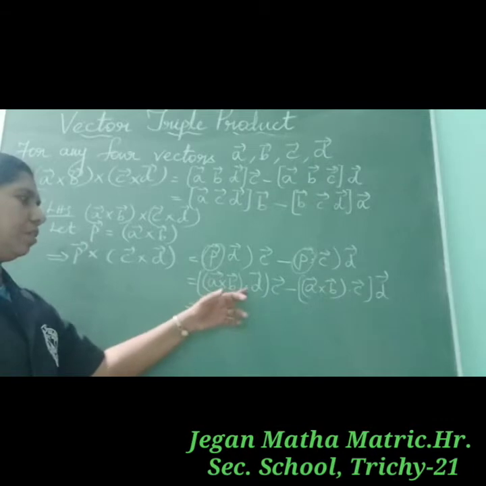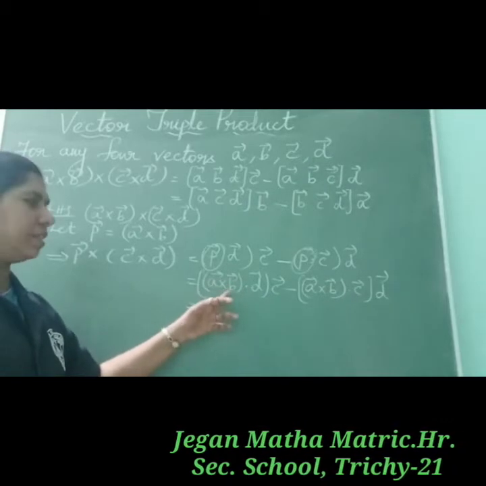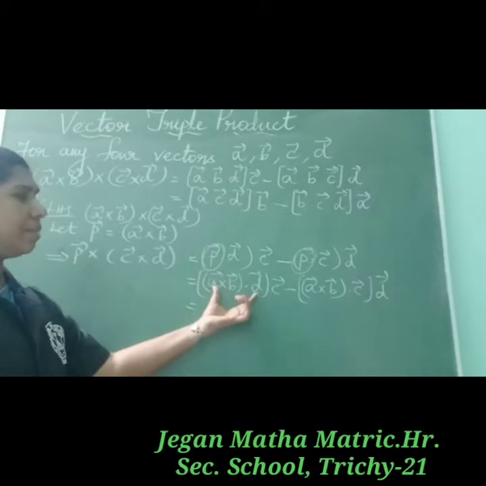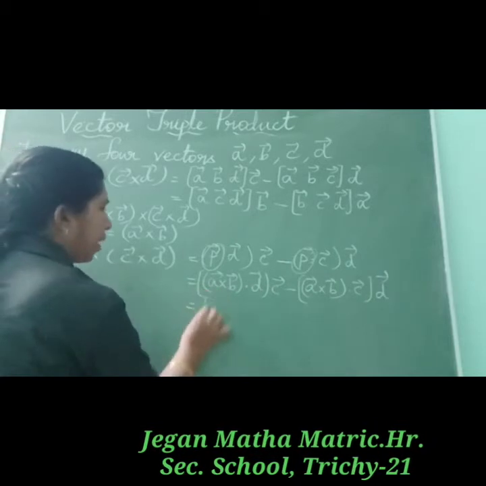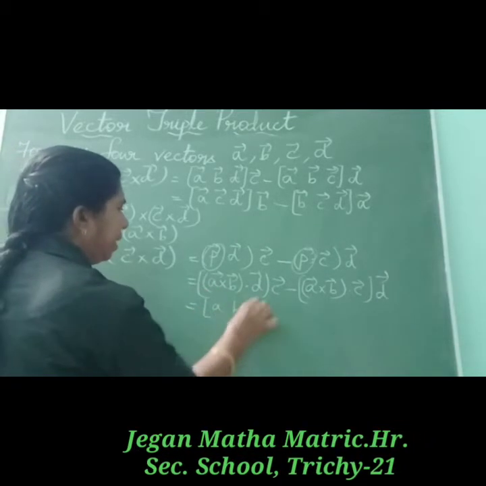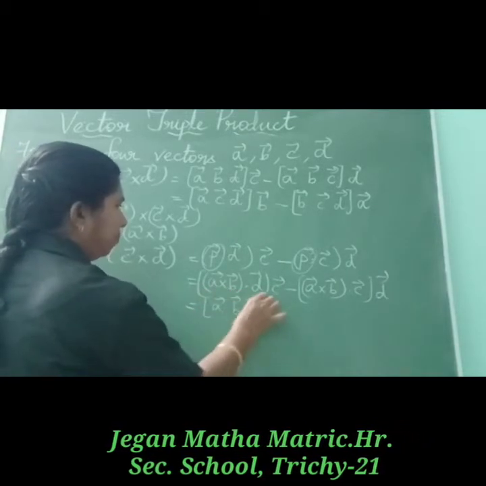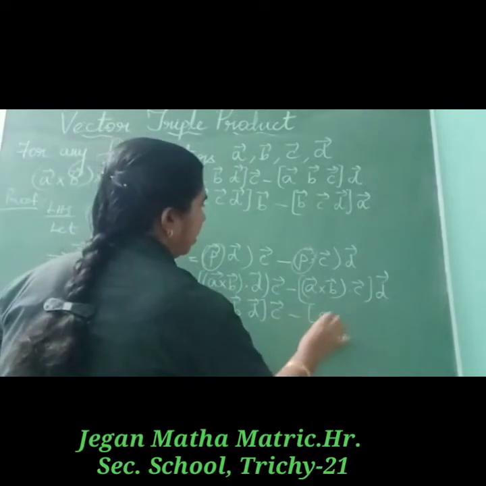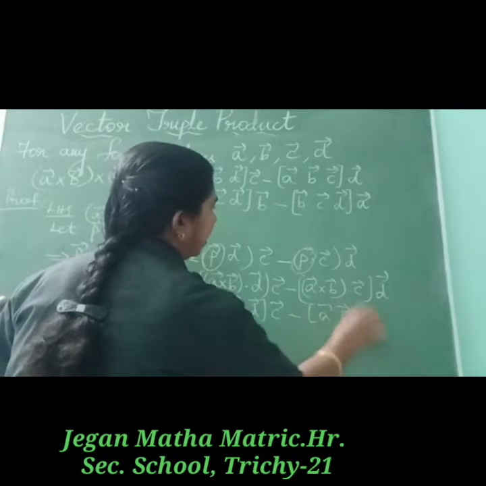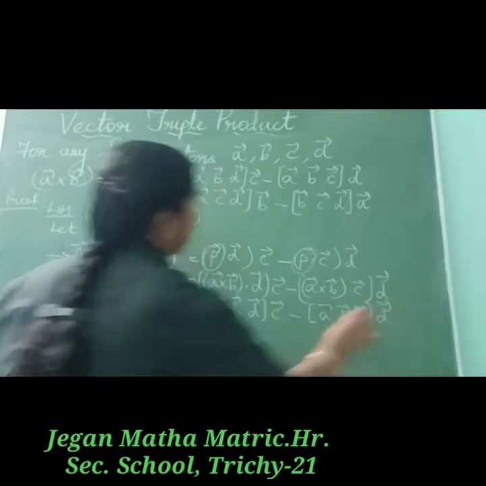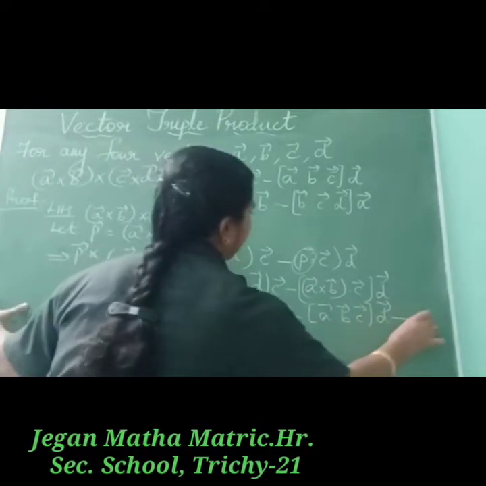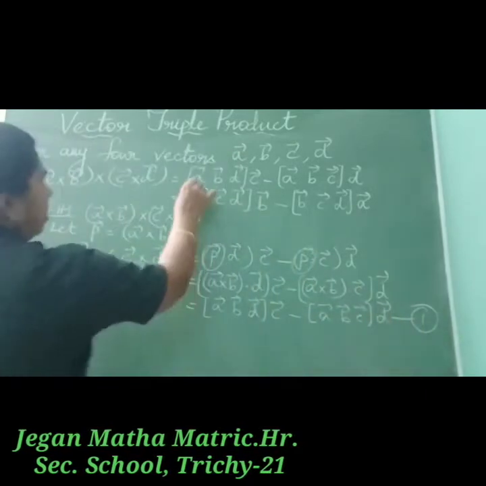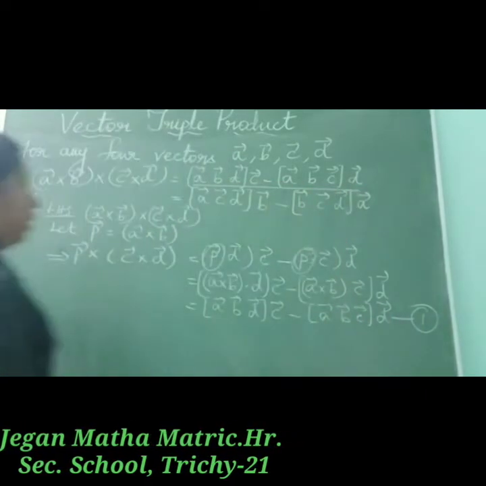One dot and one cross together means this is a scalar triple product, which can be written as a box product. So [A B D] C vector minus [A B C] D vector. This is equation number 1. So now we got the first result.